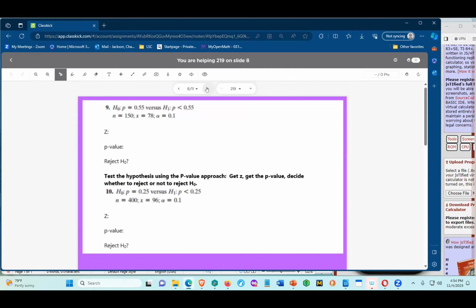Which slide is this? So I think we're up to 8, right? Yes. I'll do the second one again. Do you want me to wait until I can share? No, it's okay.